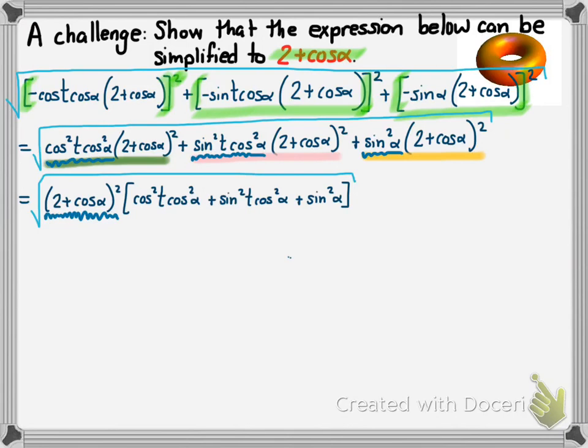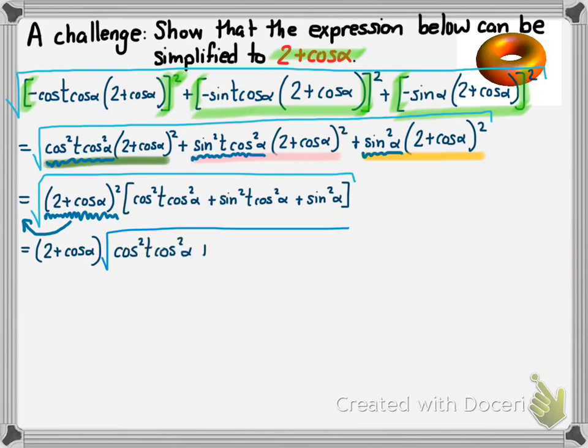Now, because this is under a square root, and that piece that I have underlined, the 2 plus cosine alpha squared, is multiplied times the rest of the stuff, I can pull that term outside of the square root, and what that does is the square and the square root cancel, and so now I have 2 plus cosine alpha outside of the square root, and then I just have the square root over cosine squared t times cosine squared alpha plus sine squared t times cosine squared alpha plus sine squared alpha.